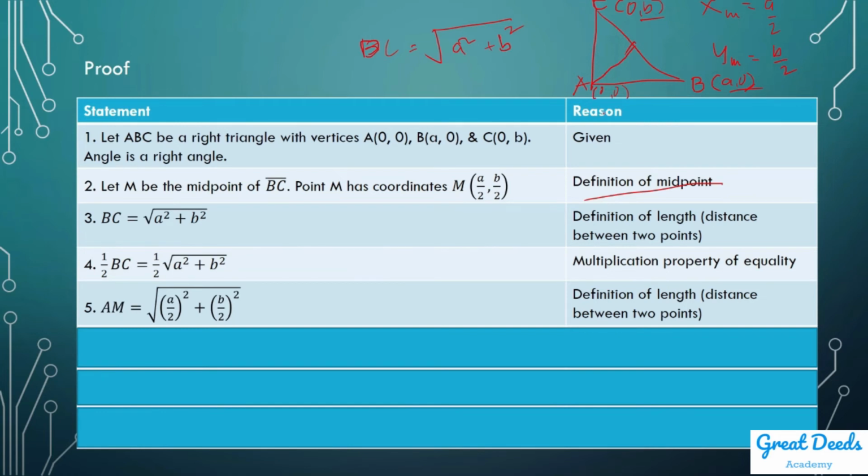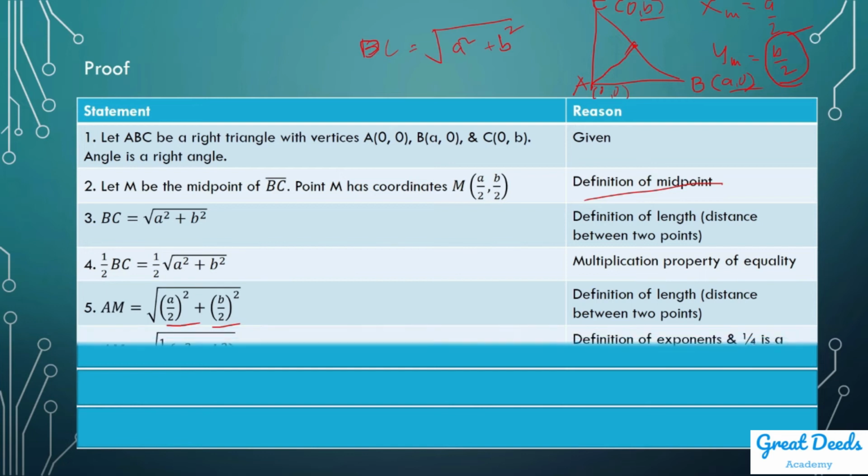So using again your distance formula, the length of the median is going to be the square root of the x-coordinate of that point, a over 2 minus 0, squared, plus the y-coordinate, b over 2 minus 0, squared. Reason: definition of length, or the definition of distance between 2 points.